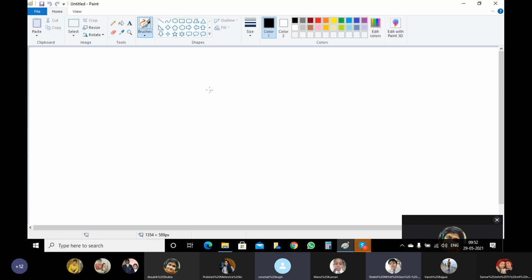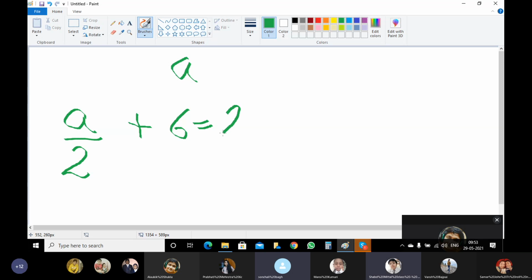Let the house number be A. Then A is divided by 2, right? And from that we are adding 6 to it, so I am getting 24. Is the equation created correctly?